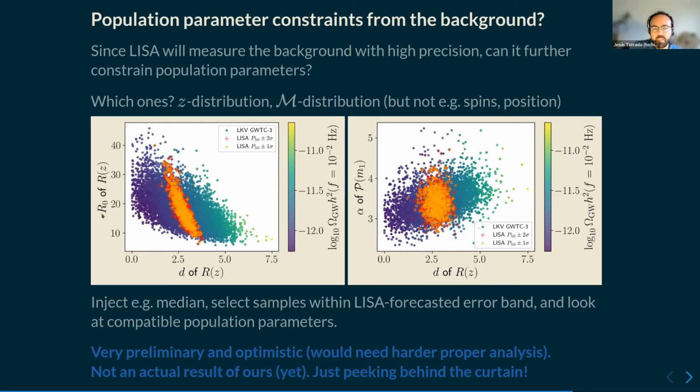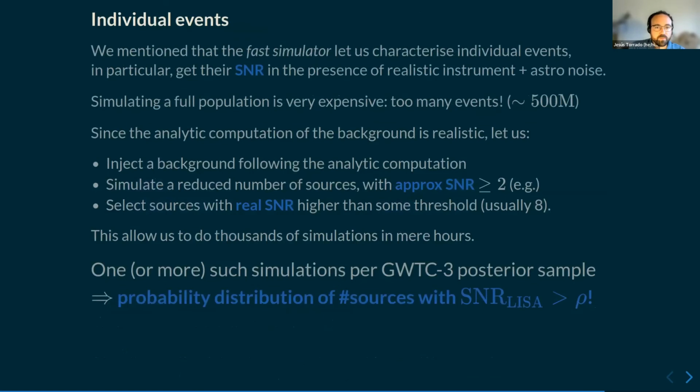So the behavior of the merger rates at late times, and also a little bit the slope of the power law of the primary mass. But anyway, this needs a more careful analysis. I'm just showing you this as a way of showing off the potential of LISA when measuring the background more precisely. And then I promised to talk about individual events, so only 2 more slides.